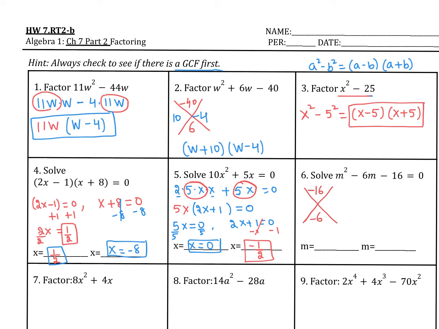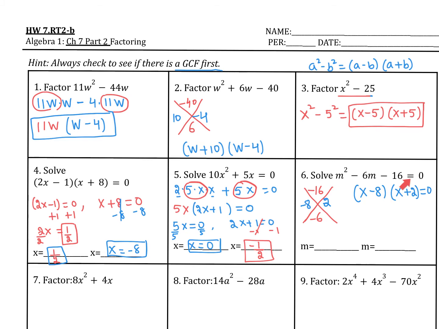The two numbers that multiply to get negative 16 and add to get negative 6 are negative 8 and 2. So you find the factors x minus 8 times x plus 2. If that would be the case, with just factoring, I will stop here.